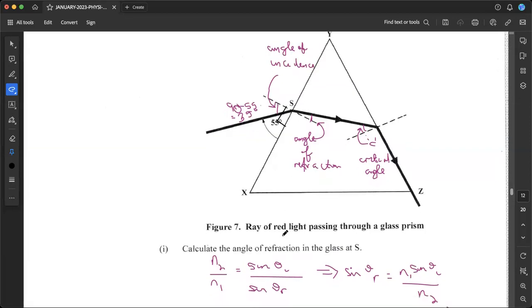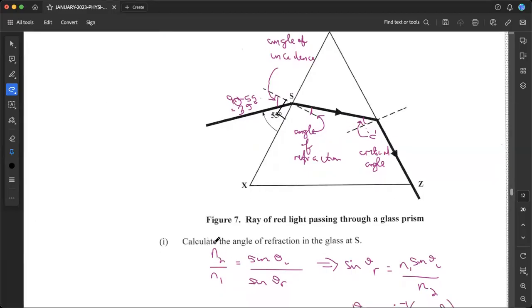Now to calculate the angle of refraction, we're going to use the definition of the refractive index of glass, which is this formula: N2 over N1 is equal to the sine of the angle of incidence over the sine of the angle of refraction. Our second medium is glass because it's going from air to glass.